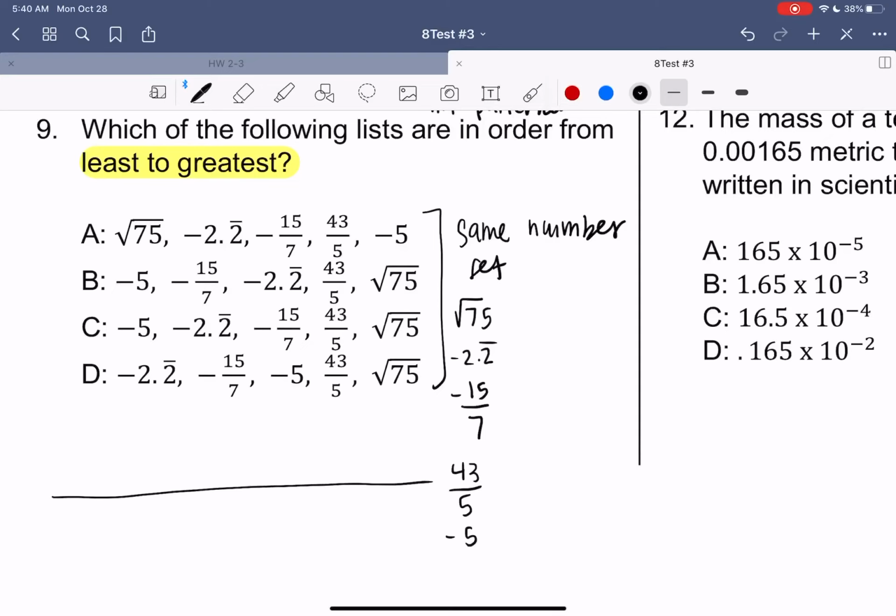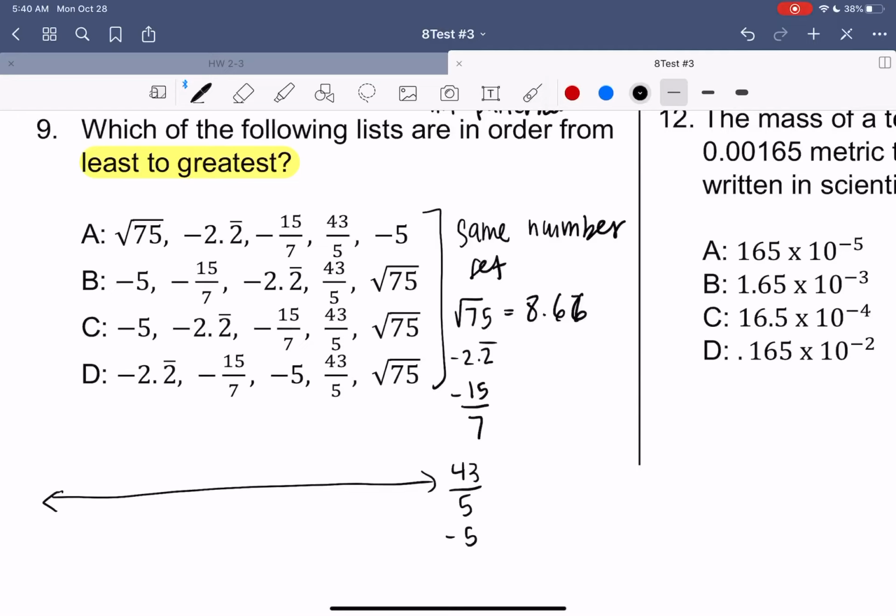I'm going to draw my number line here. But first I'm going to take these and turn them into decimals. So this is 8.67, 8.66.